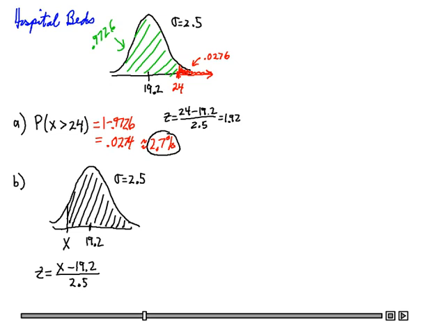The table is going to read to the left, and I know that area's got to be 0.10 because there's 90% above the x. It says 90% of the time, at least how many beds will be needed? So 90 is in the upper part of this distribution, and the lower part is 10%, and that's what I need to go to the table with because the table reads to the left.